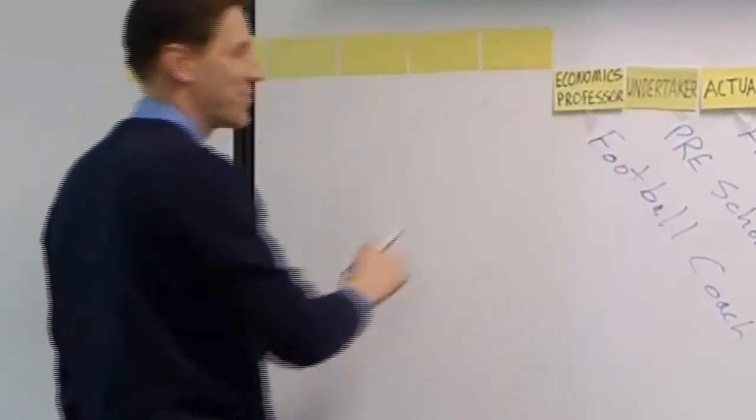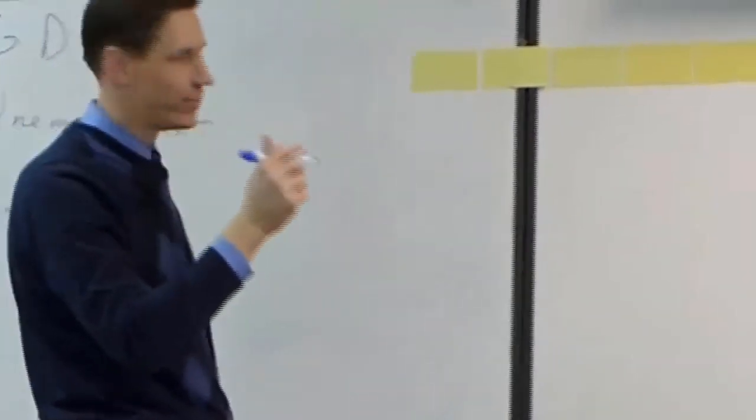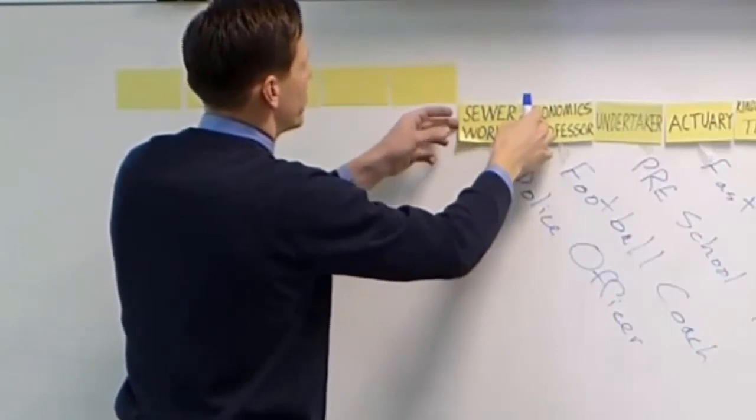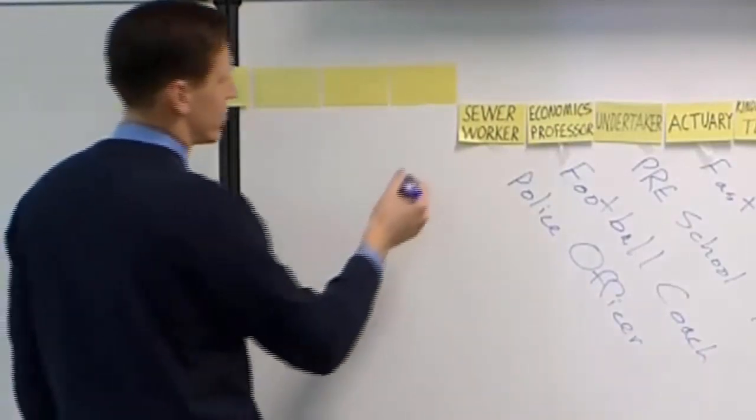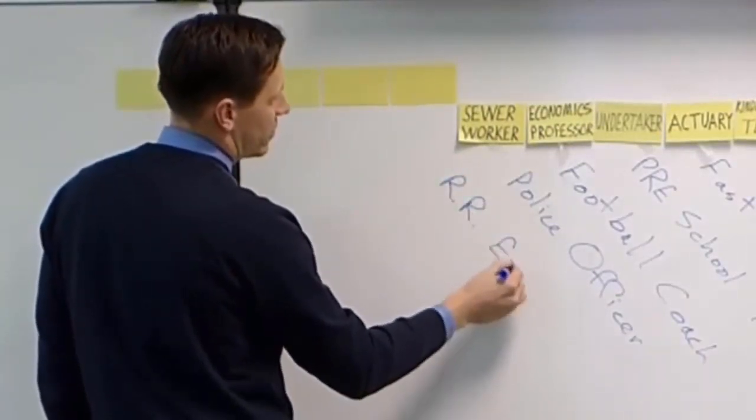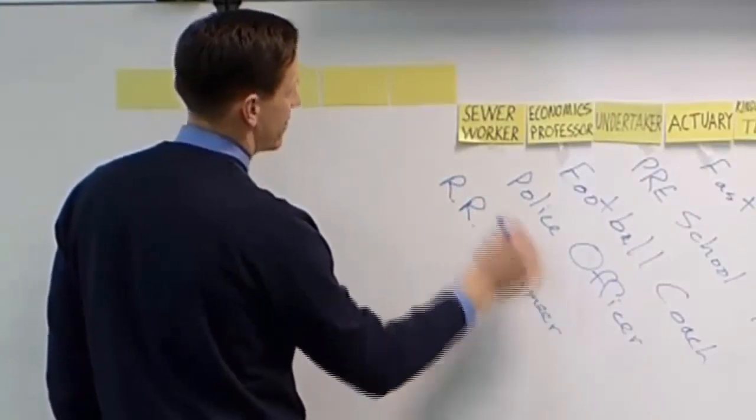You're an economics professor. Hey, it's a similar skill set, actually. Jeremiah? Police officer. Sewer worker? Hayden? A train engineer. Railroad engineer.